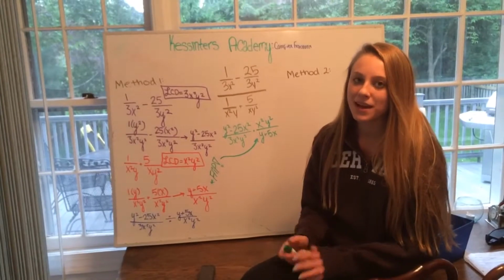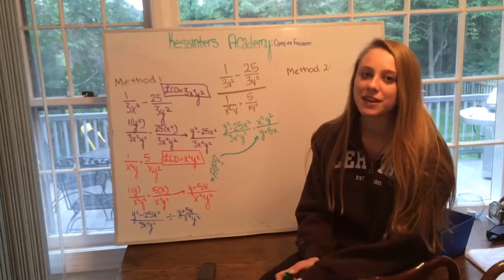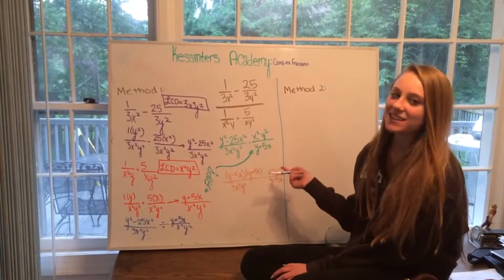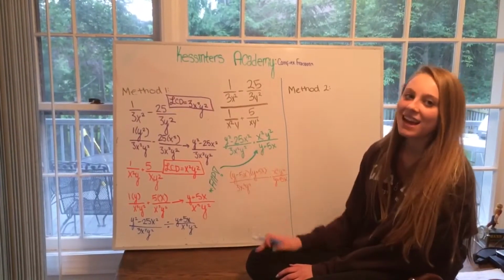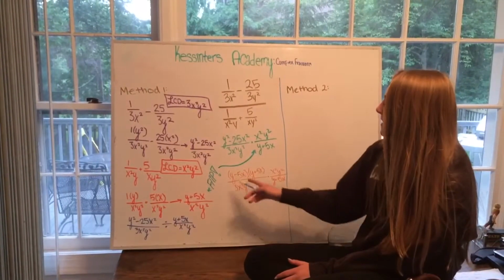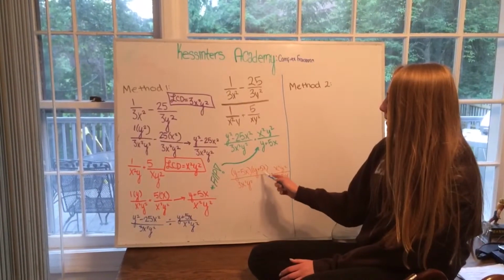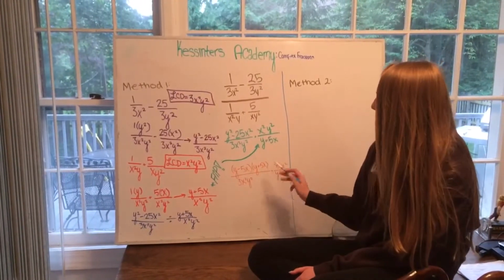And then to multiply that, you're going to factor out each numerator and each denominator so that you can cancel out. This is how I factored it. Only one thing in this problem was factorable, which was the y squared minus 25x squared, and that is the difference of perfect squares. So I factored it as y minus 5x times y plus 5x. And then you leave everything else the same, and you're able to cancel.